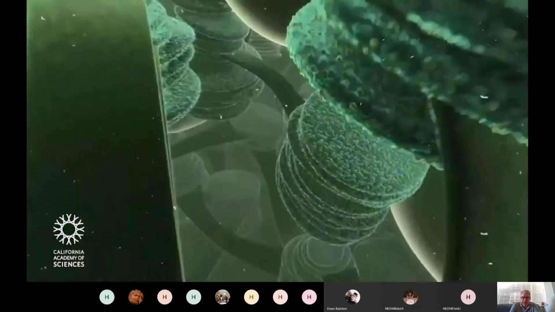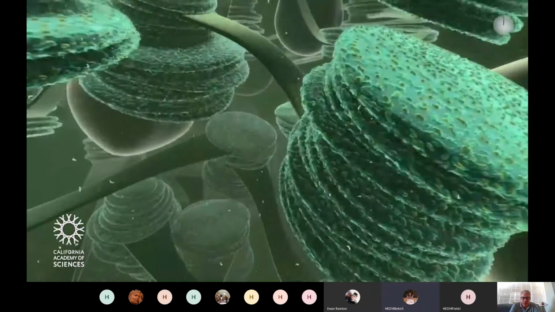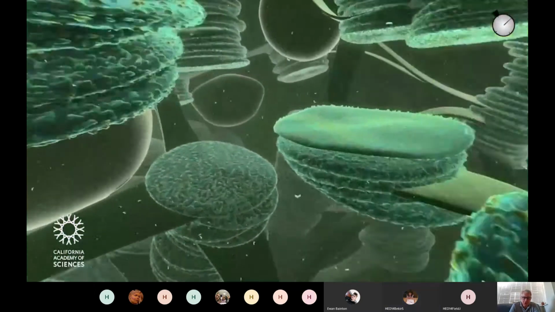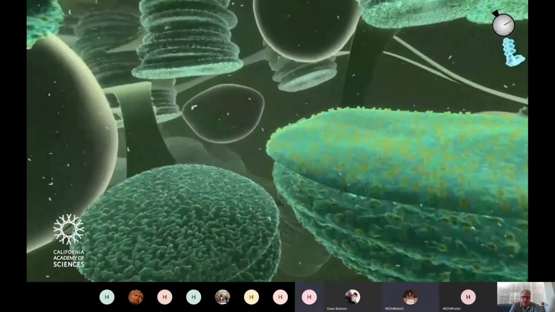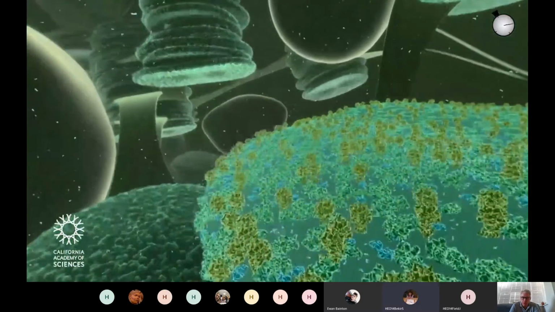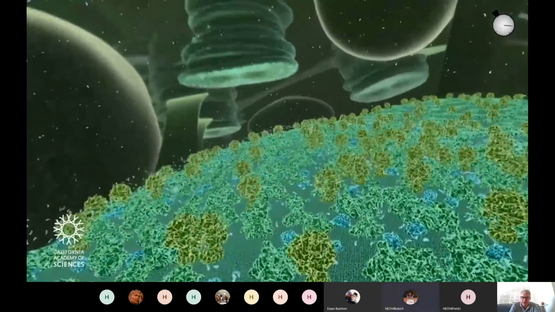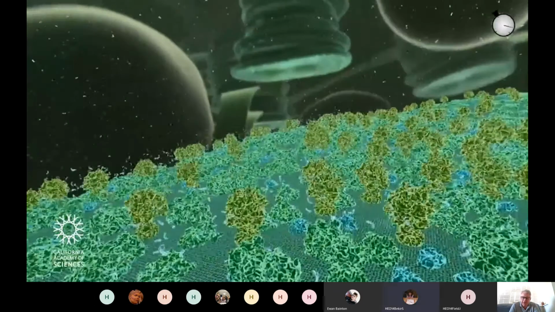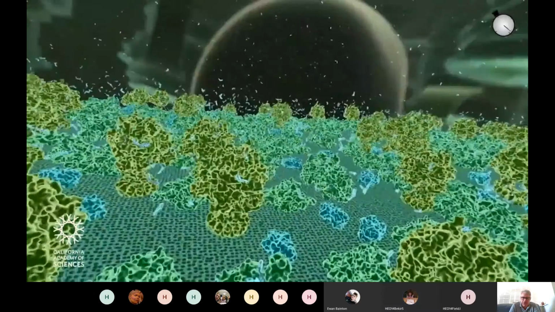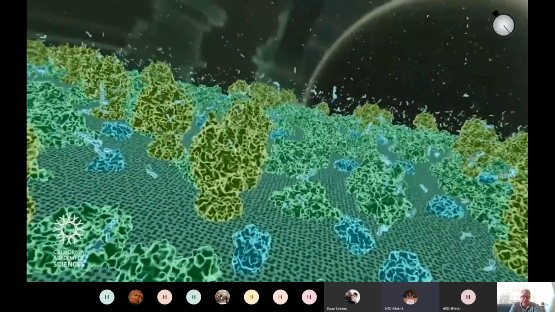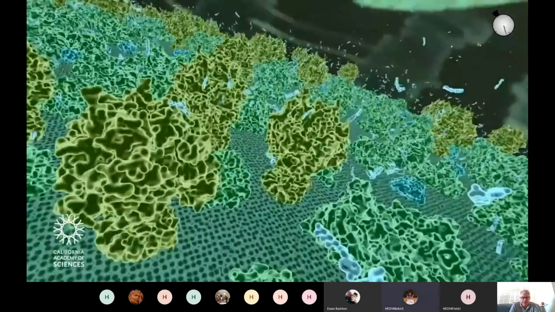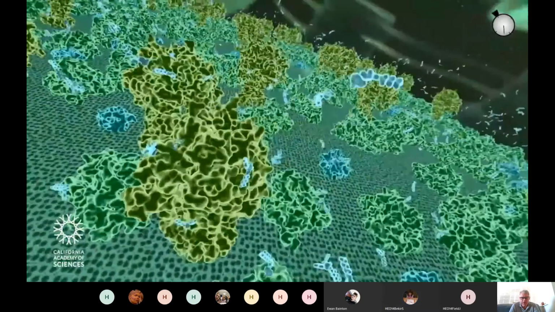Okay, so there's a granum, stack of thylakoid membranes, and the space in between is the stroma. The surface of the thylakoid membrane is where the electron transport chain takes place, and those molecules embedded in the membrane are the carriers for the electron transport chain, and the other bits which are spinning around are the enzyme ATPase, which is where ATP is built up.